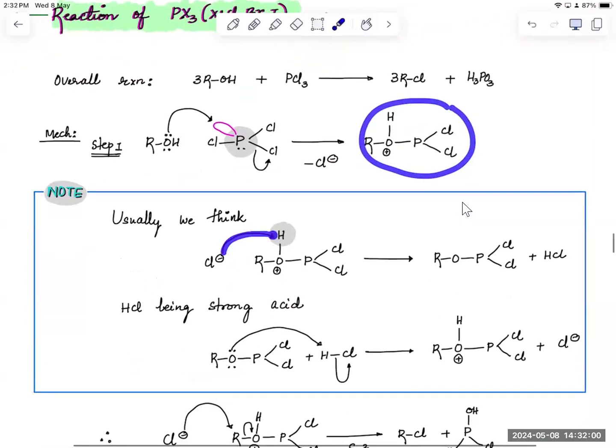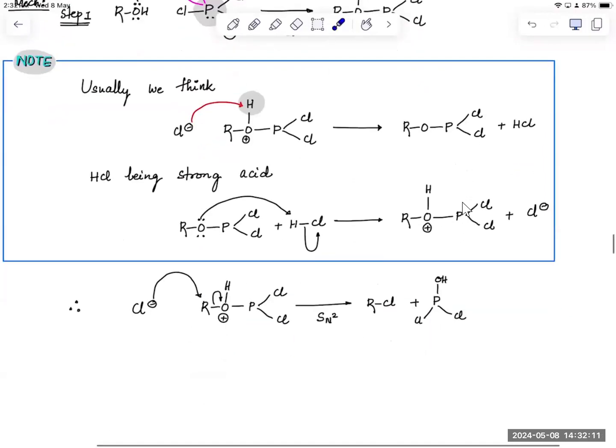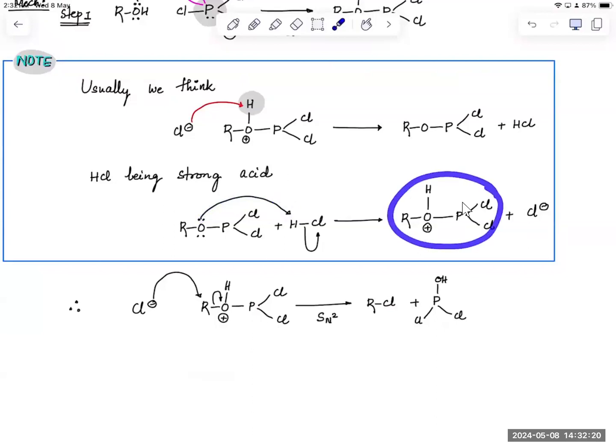So Cl minus will take away, usually what we think, this H plus, correct? You will get ROPCl and HCl. And HCl being a strong acid here, the lone pair of this oxygen will again attack on H plus to bring this back here.